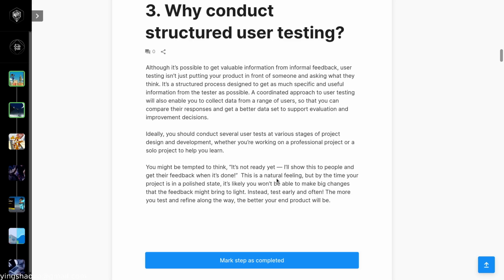This is a natural feeling, but by the time your project is in a polished state, it's likely you won't be able to make big changes that the feedback might bring. Instead, test early and often. The more you test and refine along the way, the better your end product will be.